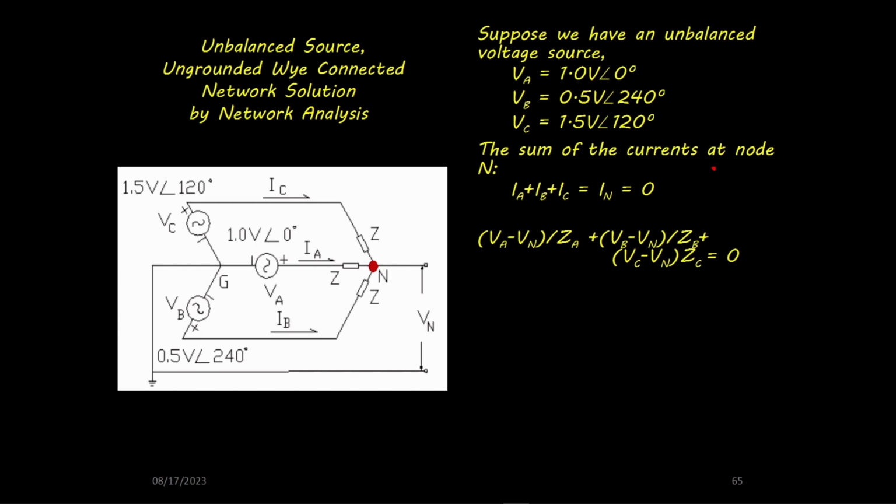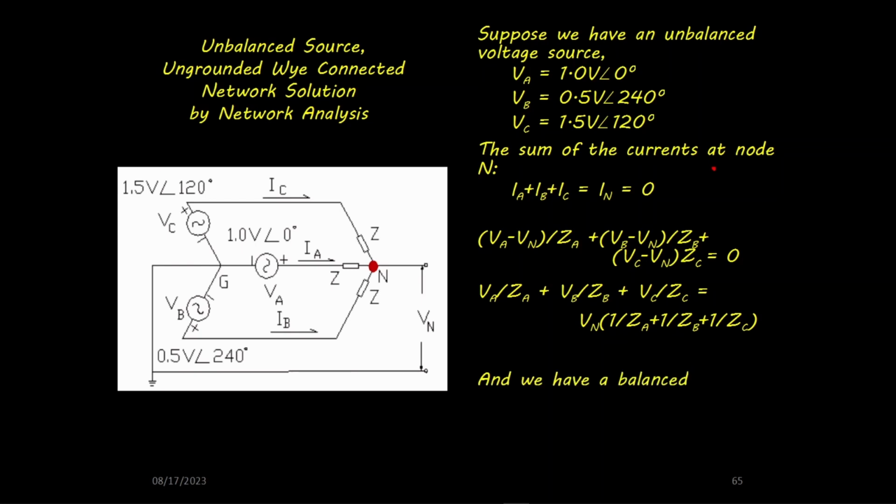Rearranging terms, we get VA/ZA plus VB/ZB plus VC/ZC is equal to VN times (1/ZA plus 1/ZB plus 1/ZC).